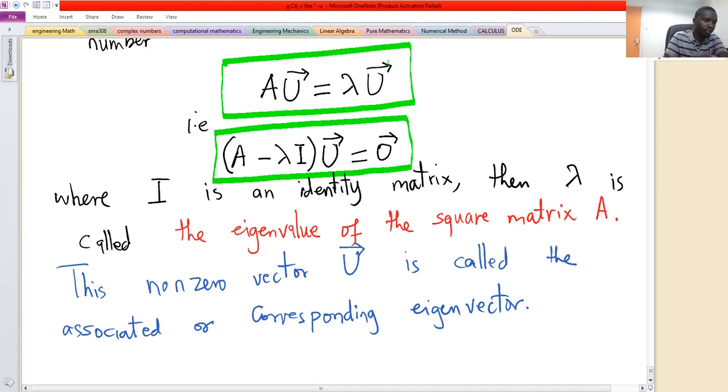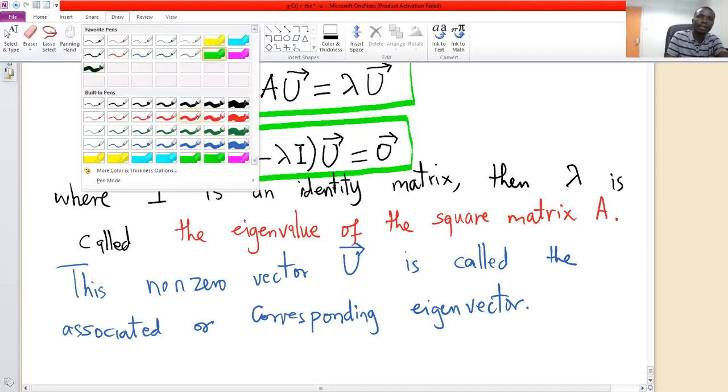Then if we have that scalar lambda and that vector which satisfy this equation, then we call lambda the eigenvalue.